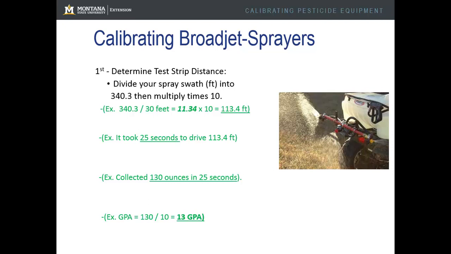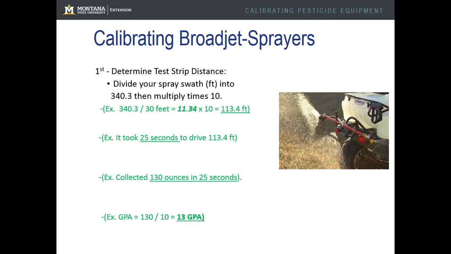Then multiply whatever the answer is by 10 to obtain a course test strip distance. In this example, you must take 340.3 and divide by the spray swath distance of 30 feet to obtain 11.34. As mentioned prior, 11.34 must be multiplied times 10 to obtain the 113.4 feet course test strip distance.